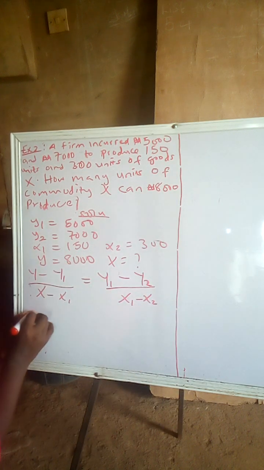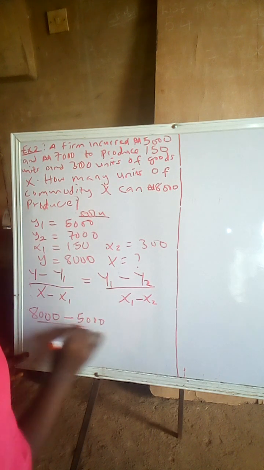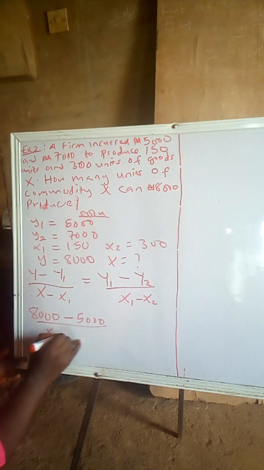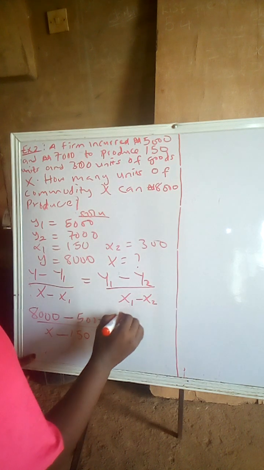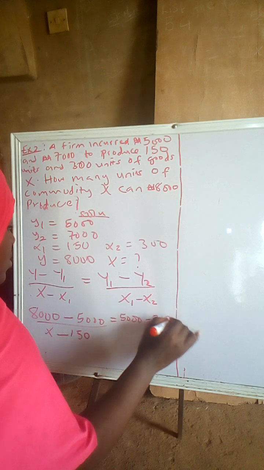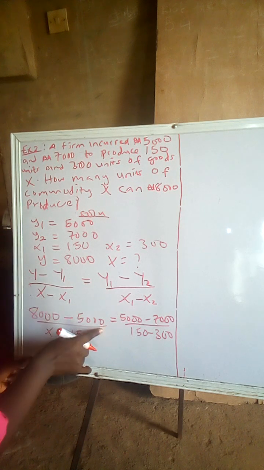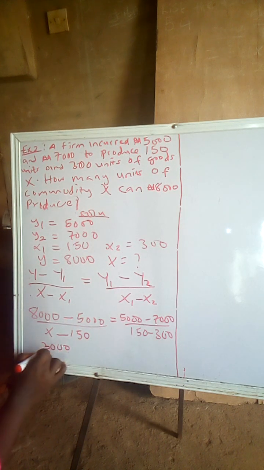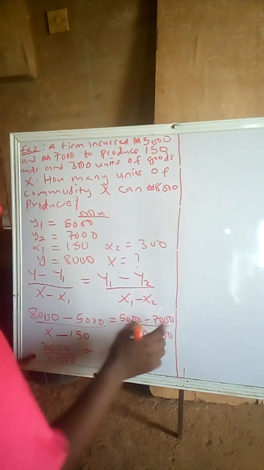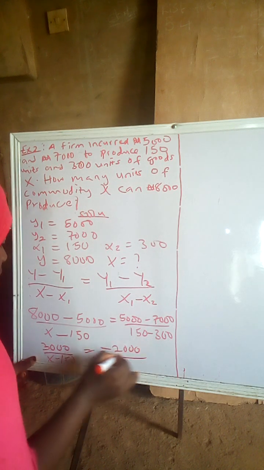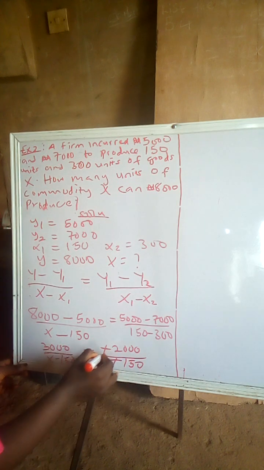Our Y is 8,000. 8,000 minus Y1, 5,000, over X minus X1, that's 150, equals 5,000 minus 7,000 over 150 minus 300. 8,000 minus 5,000, that's 3,000 over X minus 150 equals 5,000 minus 7,000, that is minus 2,000 over 150 minus 300, that's minus 150. So minus cancels minus.